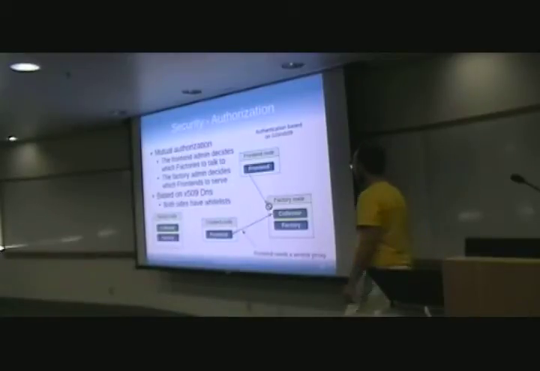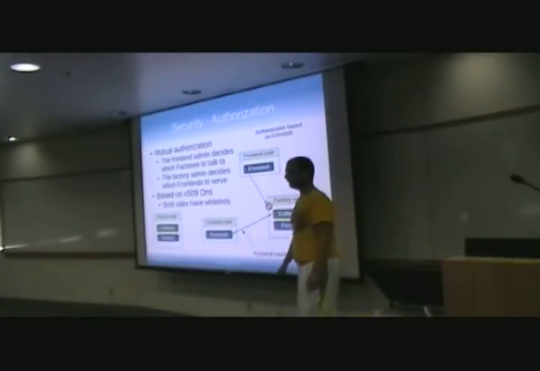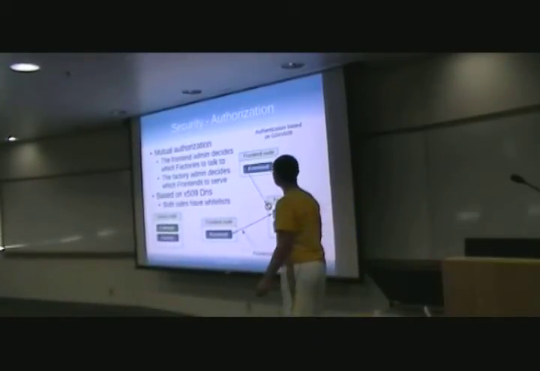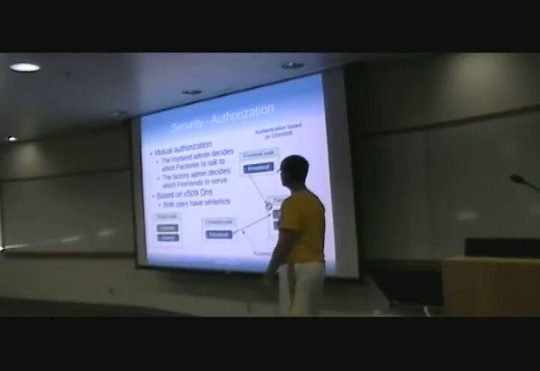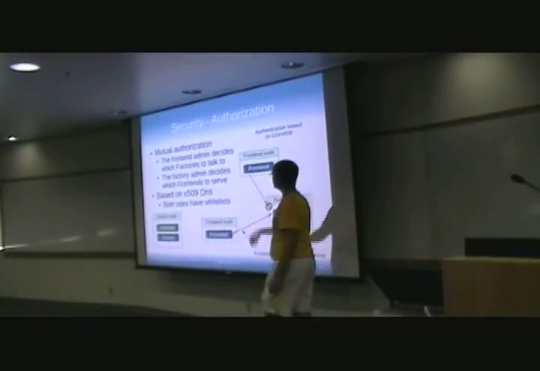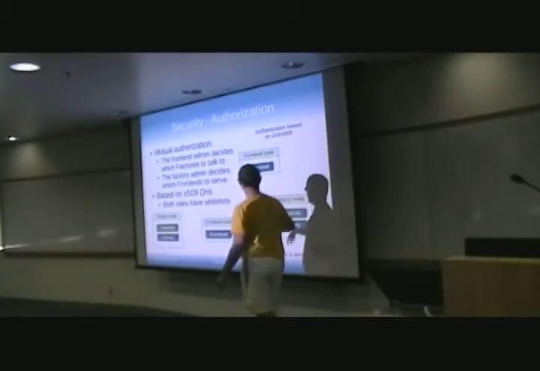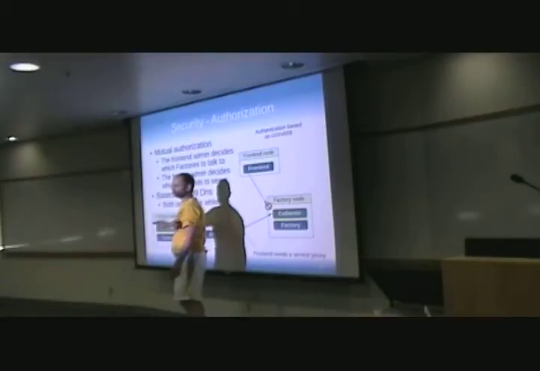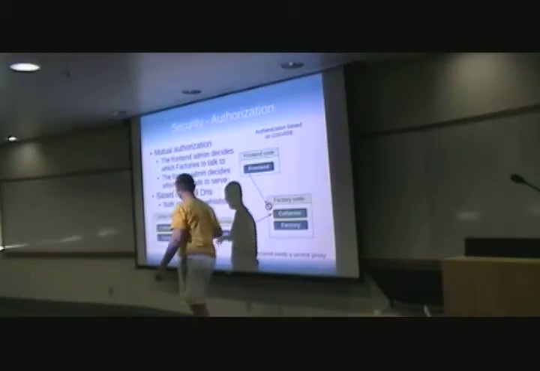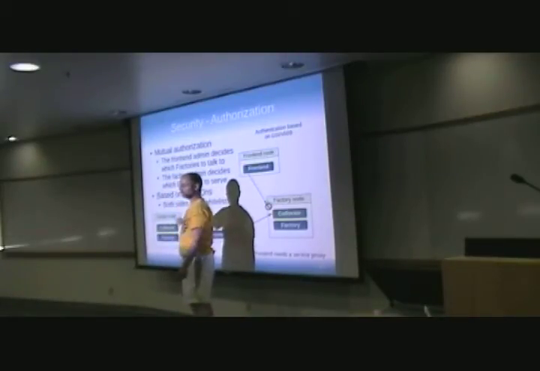Now, let's go back to the security discussion. As a first approximation, everything is GSI authenticated, and everything is based on mutual authorization. The frontend admin decides which factory nodes to talk to. So if somebody sets up a factory, it's not a big deal, because if you don't explicitly say to use it, it will not be used.